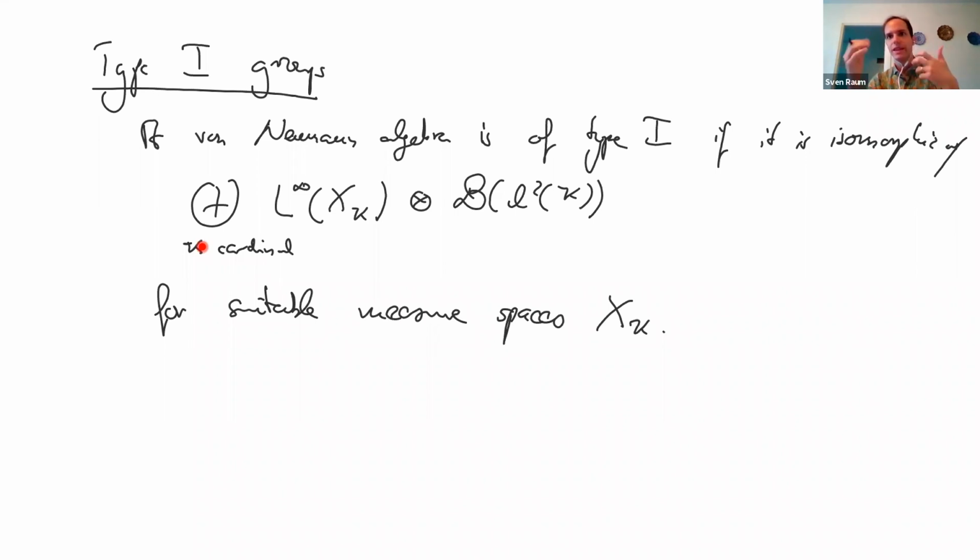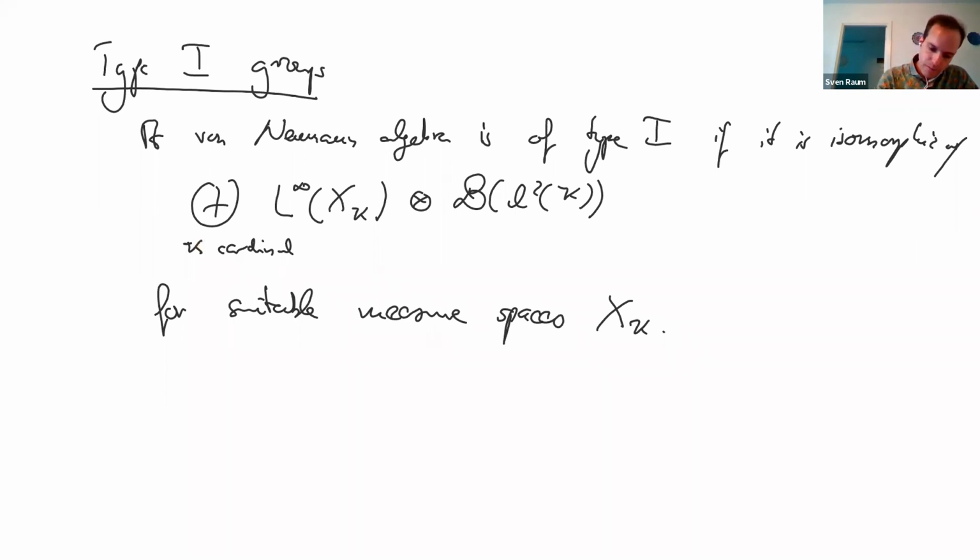That's a typical case. For a second countable group, this would be all. We don't need to take into account all cardinals. Now, this is the down-to-earth definition of a type 1 von Neumann algebra, which clearly exposes that these are the easiest type of von Neumann algebras we could have.